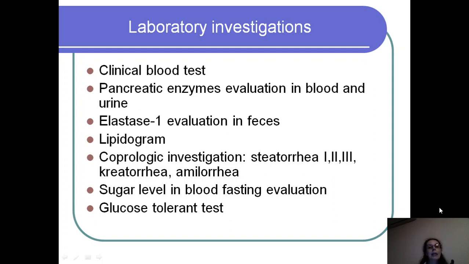The golden standard of exocrine pancreatic insufficiency, fecal elastase 1 evaluation in feces, lipidogram, coprological or again biochemical stool analysis, which may detect the presence of steatorrhea, creatorrhea, and amylorrhea. Sugar level in blood fasting evaluation, glucose tolerance test.